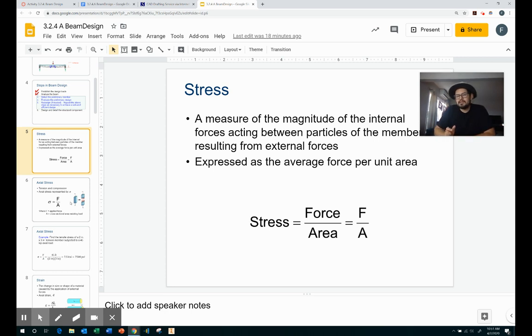So what stress does is it allows us to compare the strength of a material and its reaction to force equally, comparative to the cross-sectional area of the member. So whether it's a thicker member or a thinner steel member, they're both going to have the same stress because I've compared apples to apples.